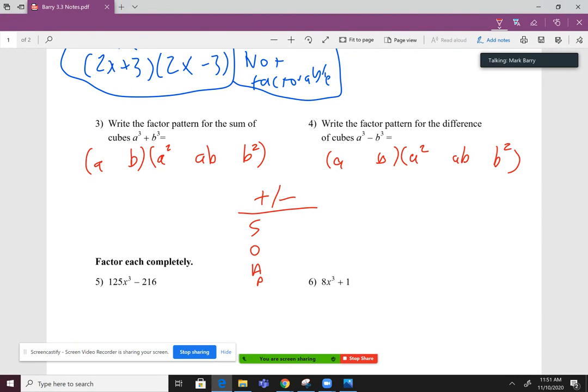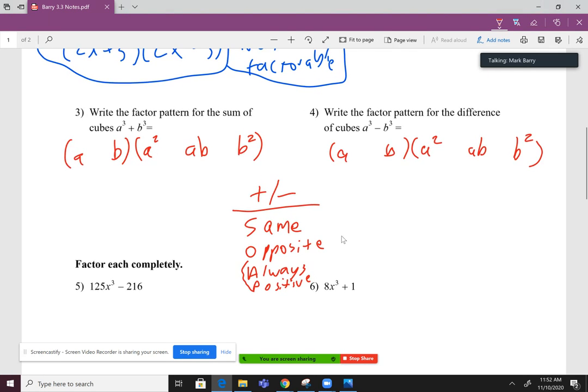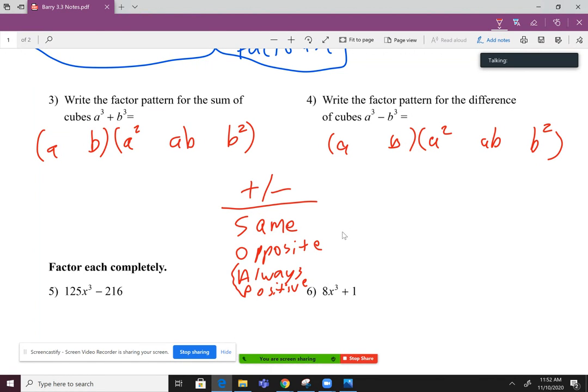It stands for same, opposite, and then the last one, which these two are kind of together, is always positive. Same, opposite, always positive. El mismo, el opuesto y siempre positivo. And I wish that spelled out jabón, but it doesn't. So we have to do soap.